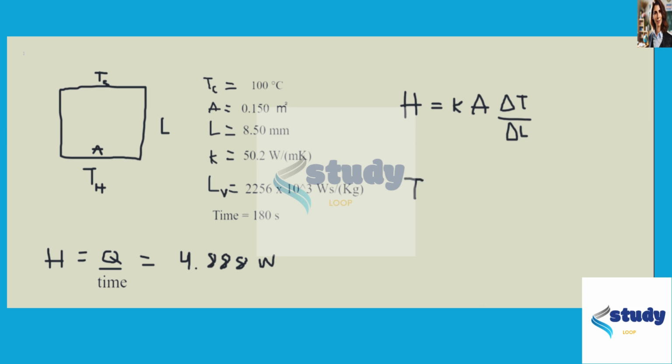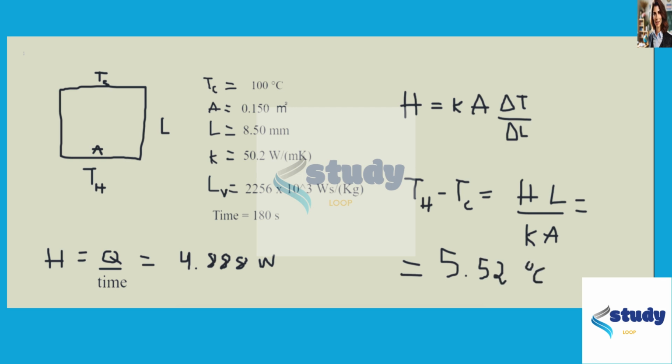So we can invert this. This would be T hot minus T cold is equal to HL divided by KA. We have everything here in the right side with these values here. We can just plug in. This gives us 5.52 degrees Celsius.